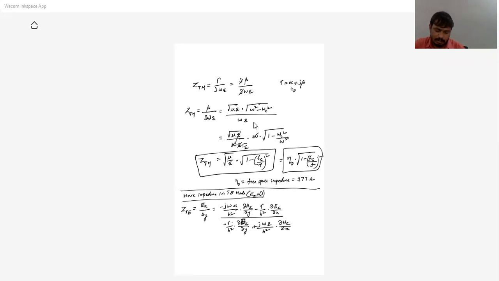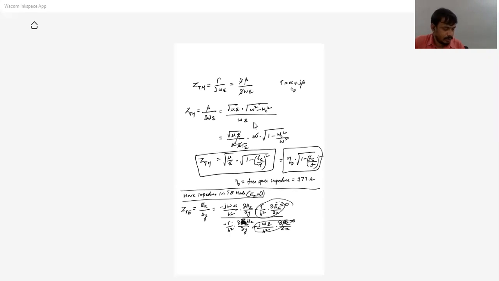So this is minus gamma by h square dou hz by dou y. Second, plus j omega epsilon by h square, but here Ez is 0, so this term is 0.